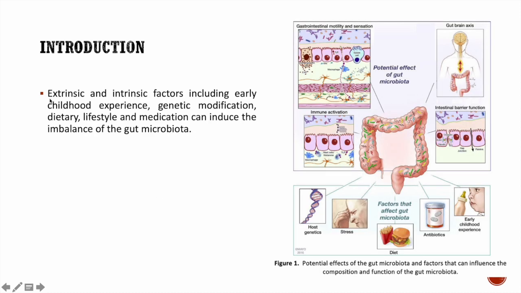Recent studies propose that both intrinsic and extrinsic factors, including early childhood experience, genetic modification, dietary consumption, lifestyle like alcohol consumption and stress, and medication can induce imbalance of the gut microbiota.